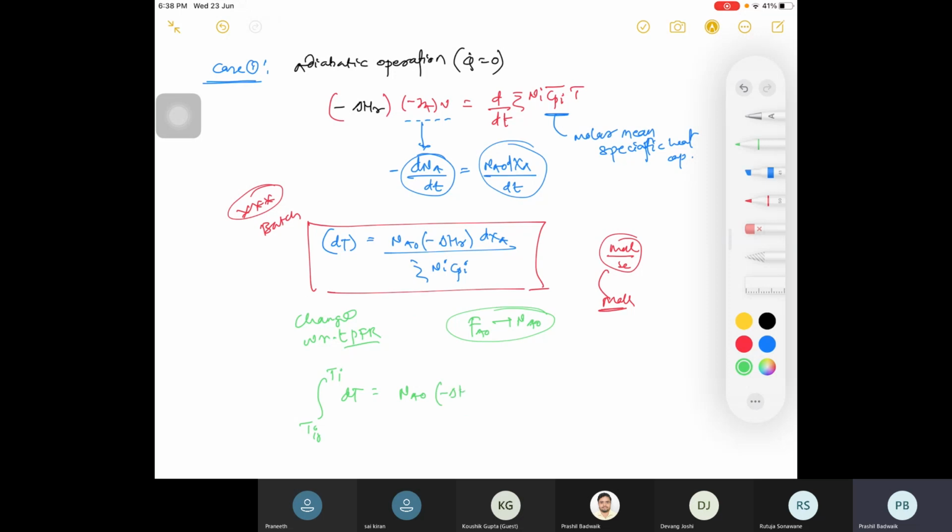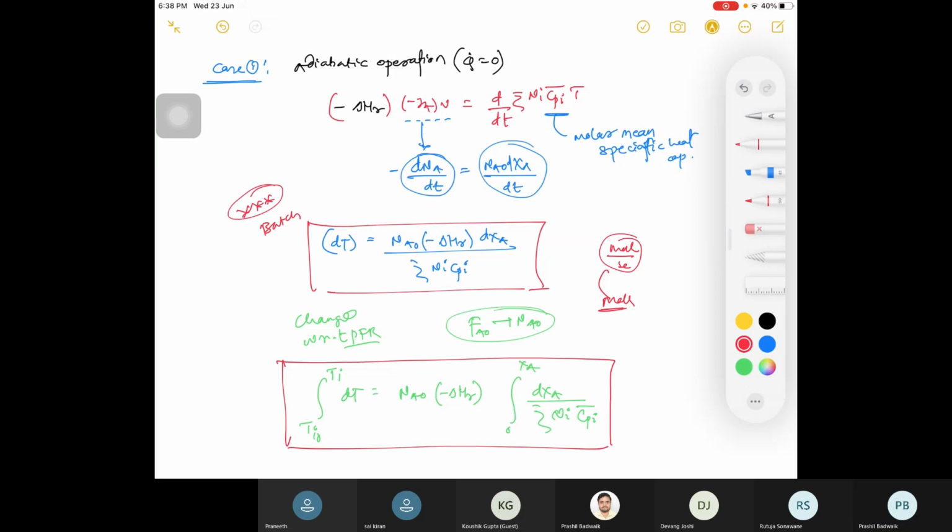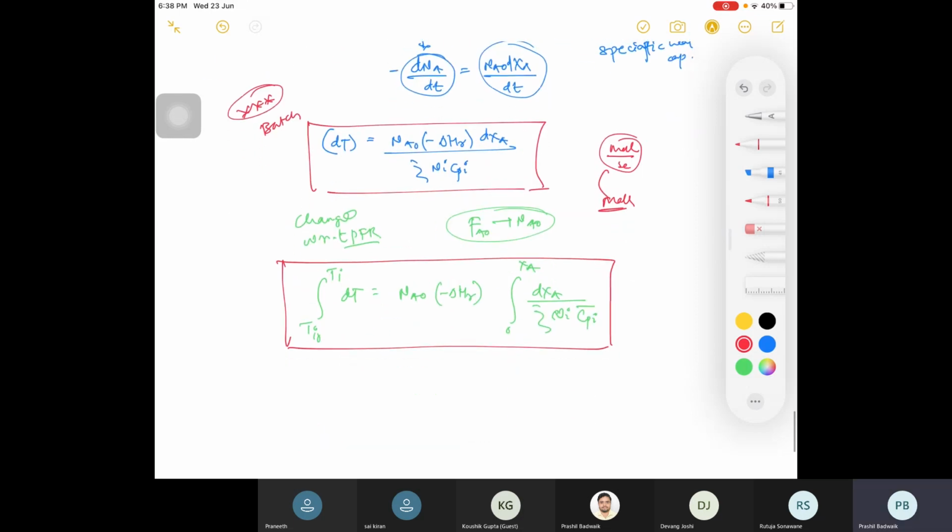Na naught minus delta HR reaction integration 0 to XA dXA divided by summation of Ni Cpi. Is it easy or does it seem difficult? All equations are coming the same, just the approach is different, but at the end you are getting the same results. That is, Ti minus Ti naught is equal to your conversion and enthalpy divided by your total in.